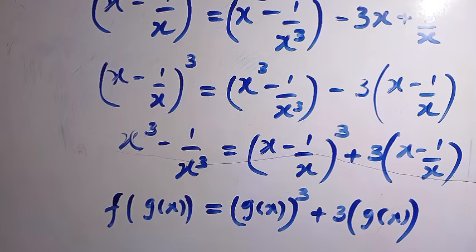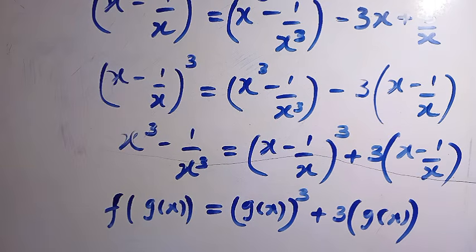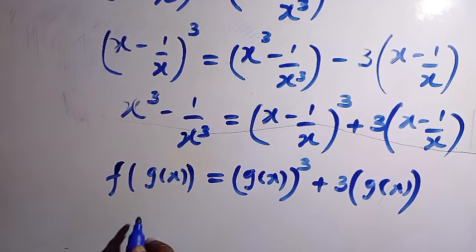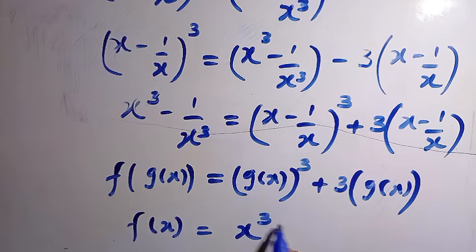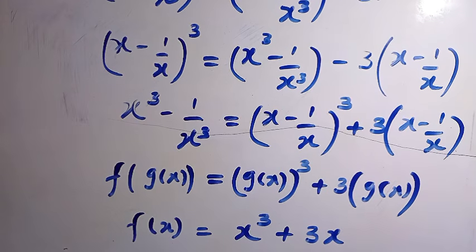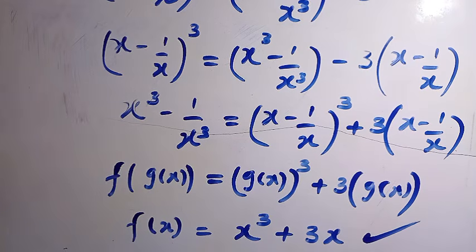And this makes a complete solution, though we don't want to leave our answer in terms of g of x. So what we do is replace g of x with x. Then we are going to have f of x equals x raised to the power 3 plus 3 multiplied by x. This is the result of f of x.